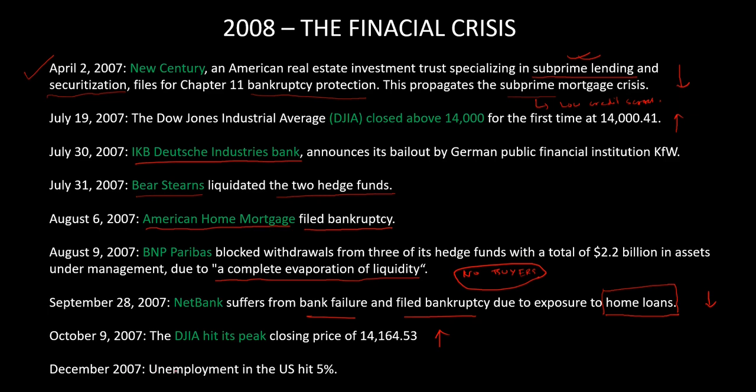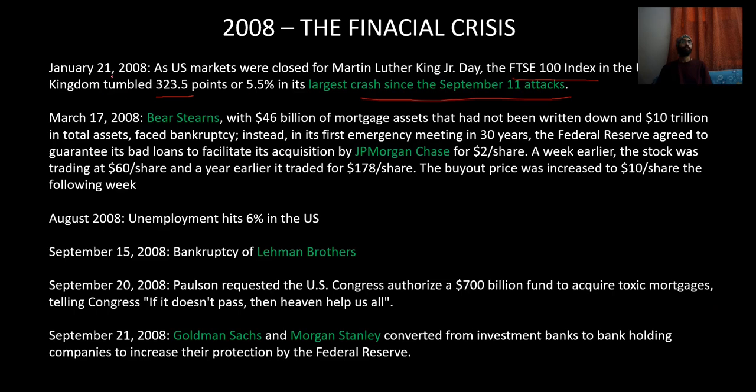December 2007, unemployment in the US hits 5%. January 21, 2008, as US markets were closed for Martin Luther King Jr. Day, the FTSE 100 index in the United Kingdom tumbled 323 points or 5.5% in its largest crash since the September 11 attacks. Since the 9/11 attacks, this was the largest crash.